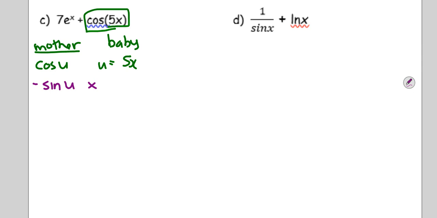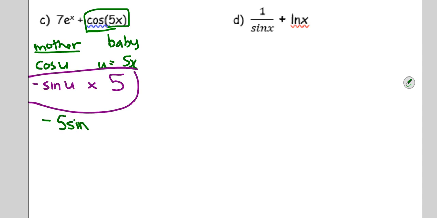Owen, pick up that pencil and tell me what's the derivative of the baby? And then you times it all together. Good, 5. Nice work. 5 sin u, which is negative.